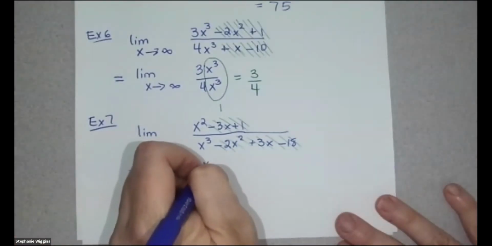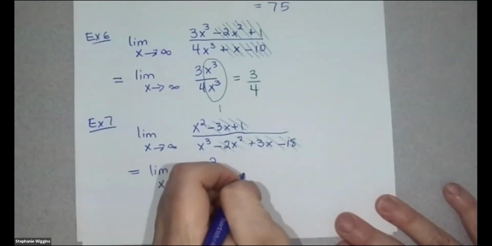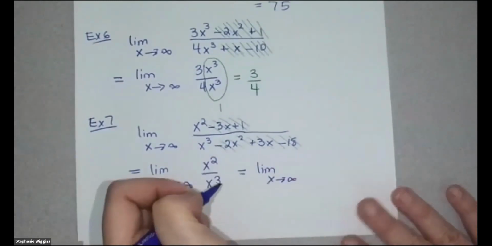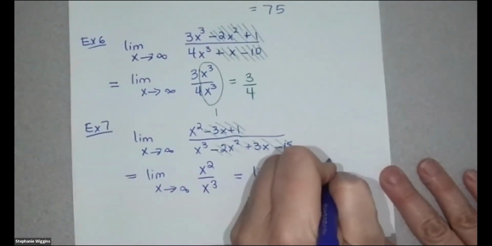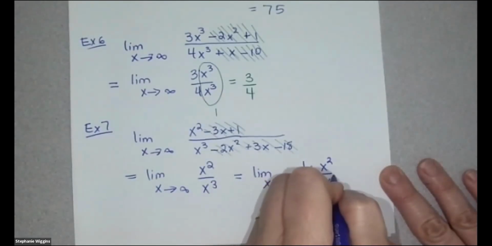But to show you the algebra, let me show you how this works. I'm going to rewrite this as the limit as x approaches infinity of 1 times x squared, that's the numerator, and the denominator is x times x squared.